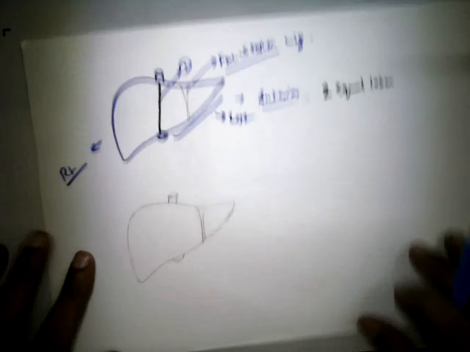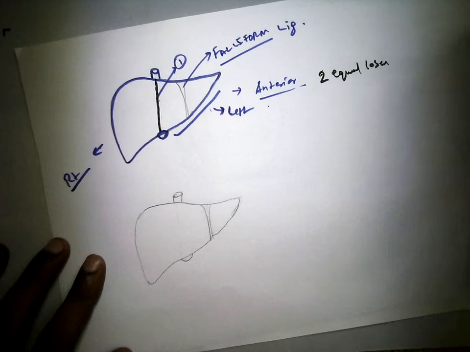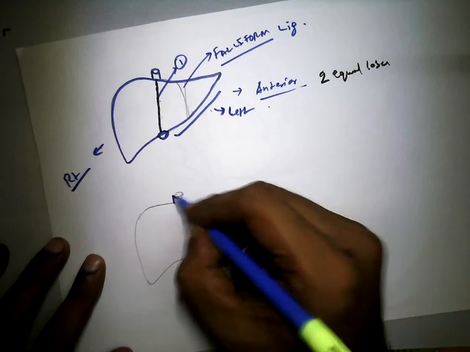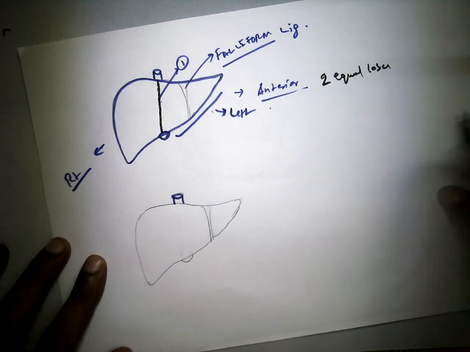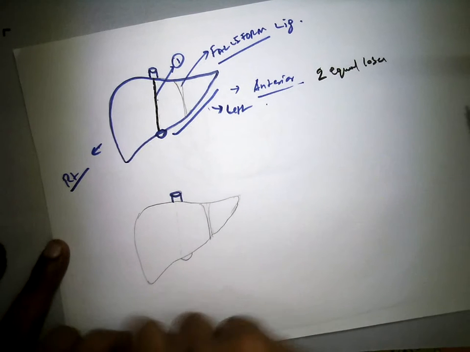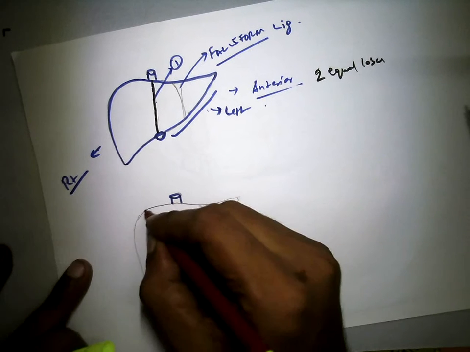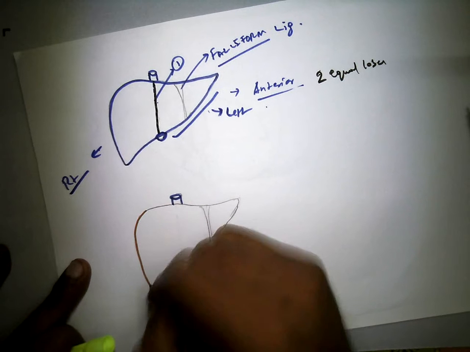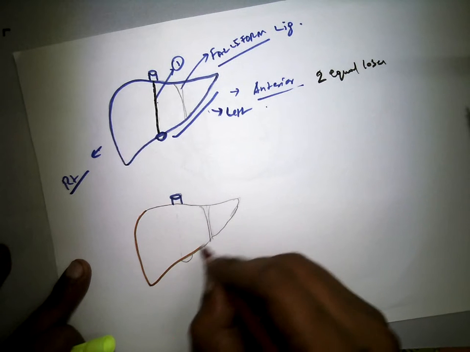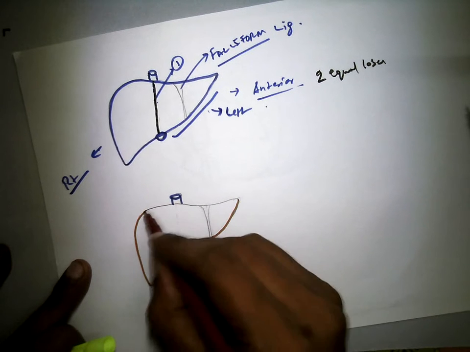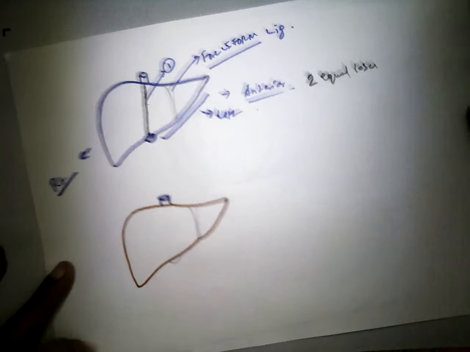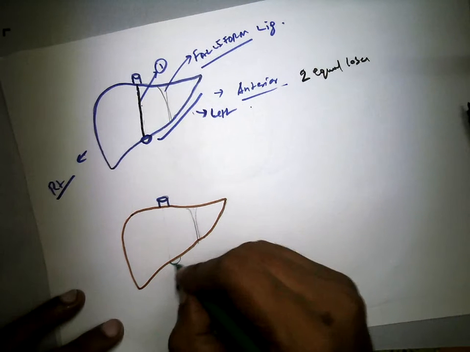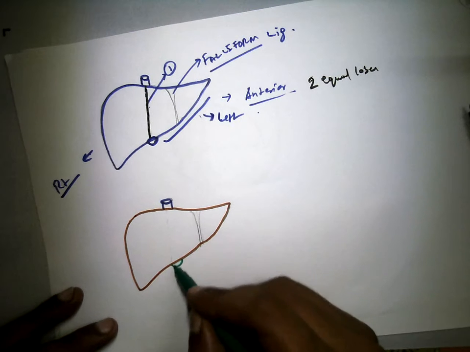We'll take another picture of this to make it easy to understand. Here we'll complete the picture. I'll just mark it in brown. This is the cystic notch, where you can see the fundus of the gallbladder.